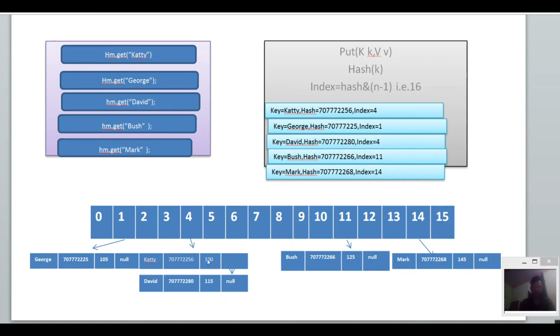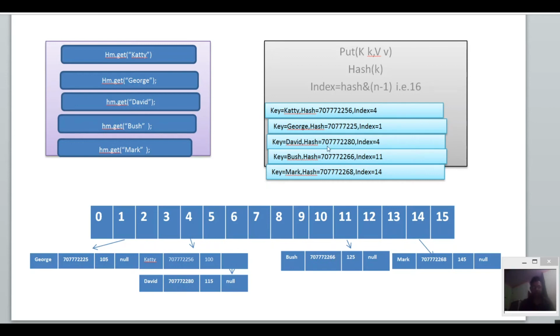So it will traverse next into the linked list and again the hash value will be compared; the hash value is stored in the next object. So here both are the same.